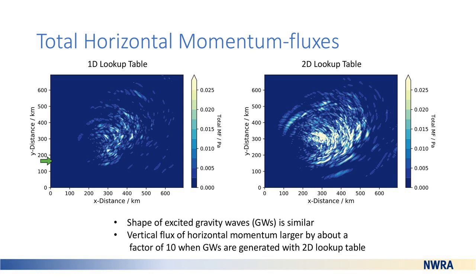However, when we look at the magnitudes of the fluxes, the horizontal momentum flux values increase by about a factor of 10, which you cannot see here because the scaling is the same between the 2 plots, because I wanted to show you in the same scale that the momentum fluxes increase significantly when we include the echo top heights in the generation of the lookup tables.